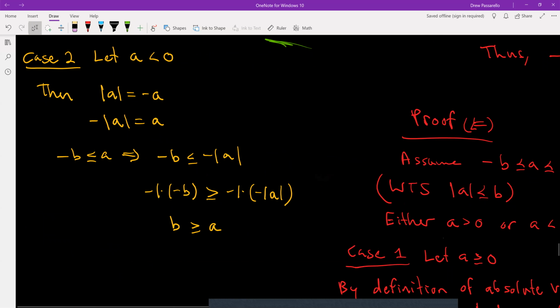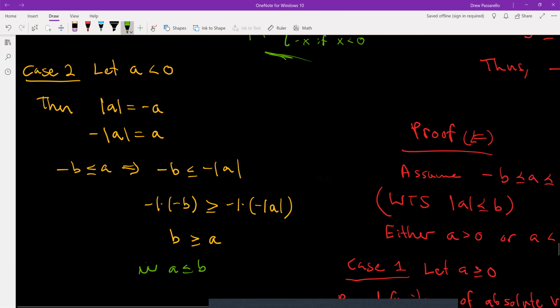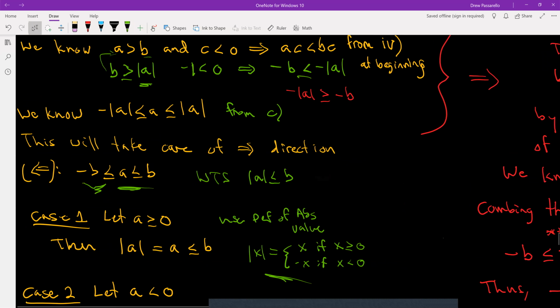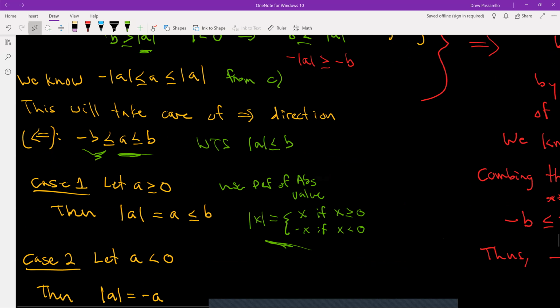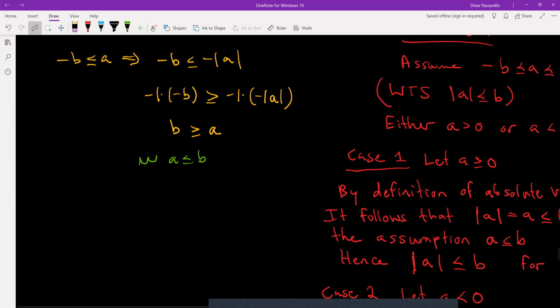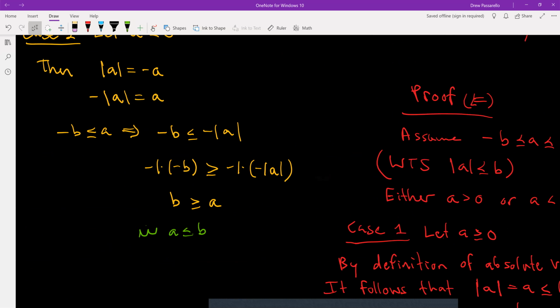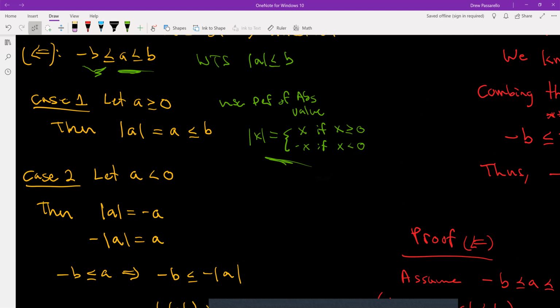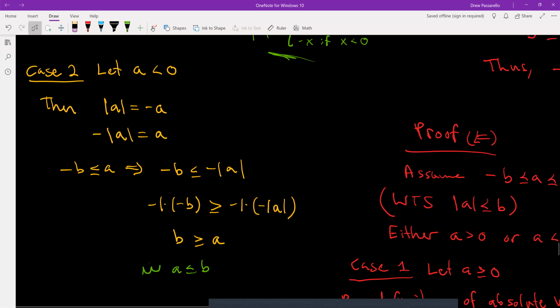In other words, the absolute value of a is less than or equal to b. And that takes care of the proof, right? Because that's going to be the two cases. So for a, it's either greater than or equal to 0, or it can be less than 0, making use of the definition of absolute value.